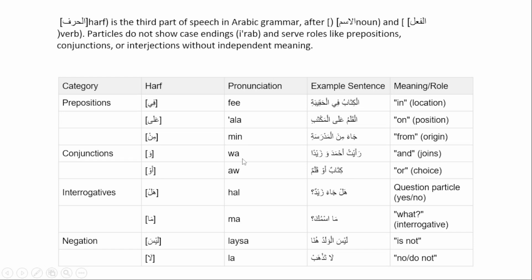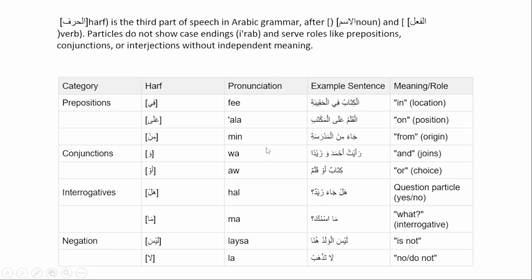Conjunctions also, like wa means and, aw means or. For interrogative we use hal, a question, yes or no. Ma, what. Negation, for example, laysa is not, la, no, not. All right. So these are all the examples of harf.